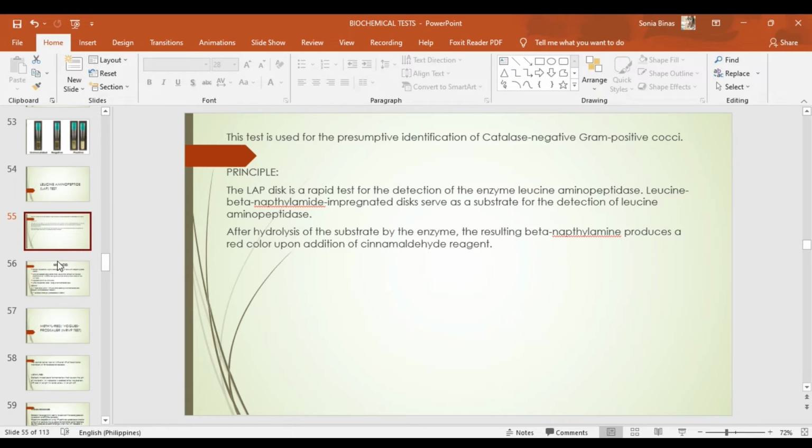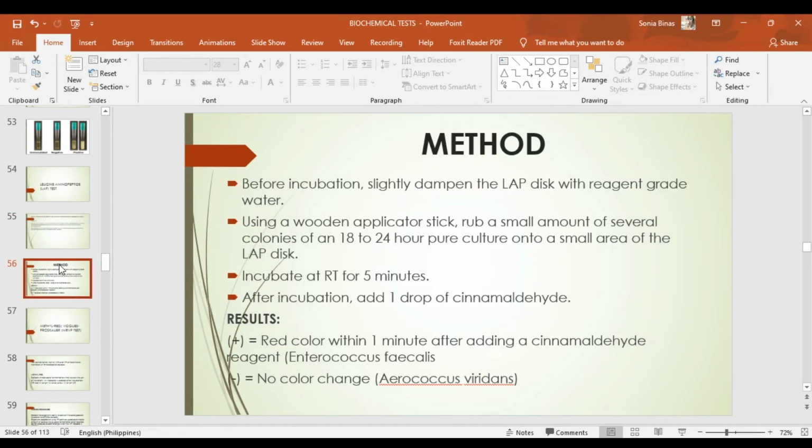So, the method for this test is, before tayo mag-incubate, slightly dampen the LAP disc with reagent-grade water. Using a wooden applicator stick, rub a small amount of several colonies of an 18 to 24-hour pure culture into a small area of a LAP disc.